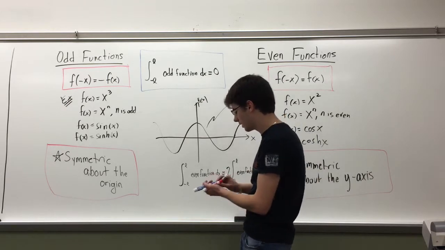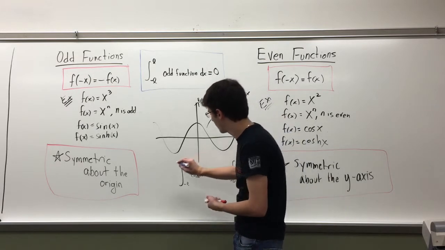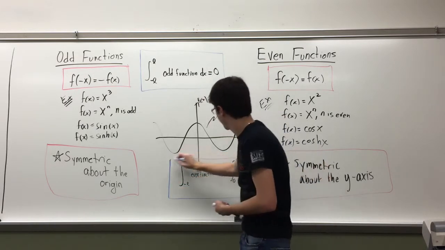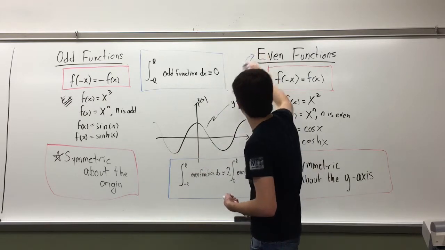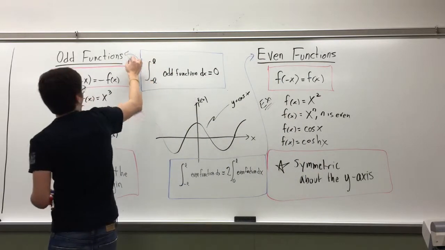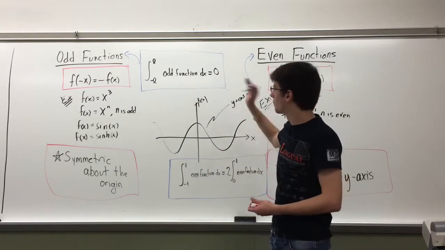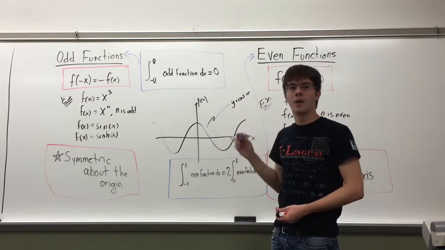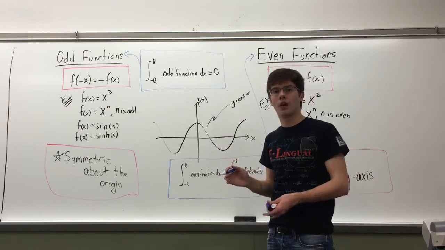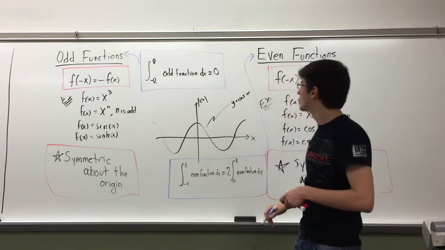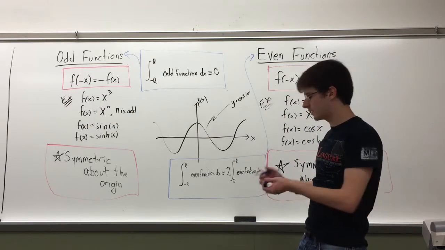So this is the important relationship about even functions, and this one is for odd functions. These two properties help out a lot when we're doing our calculations for a sub n and b sub n. So it's really important to have those in mind.